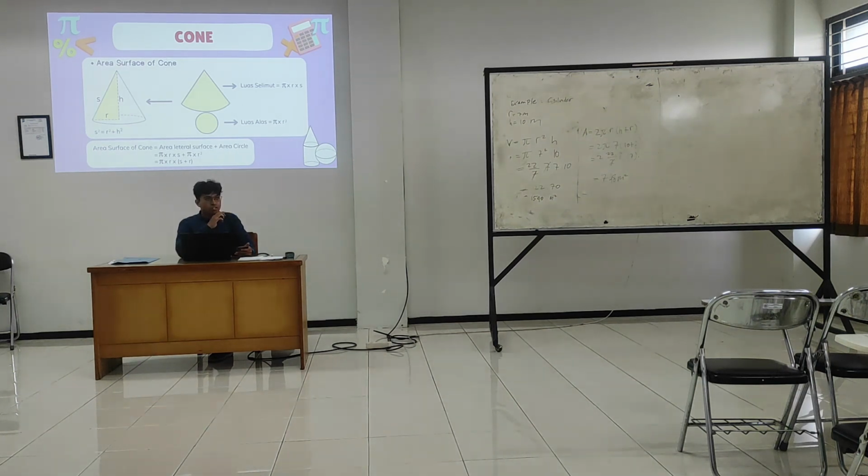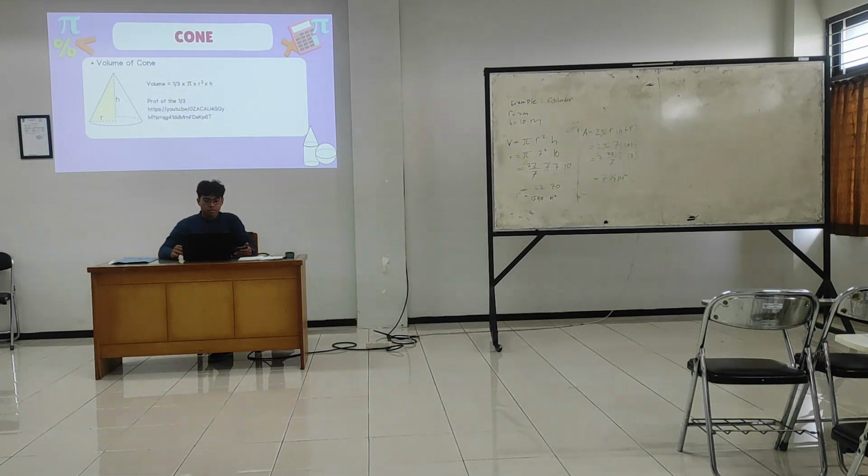So the surface area of the cone is the area of the lateral surface plus the area of the circular base. So pi r s plus pi r squared equals pi r times s plus r.